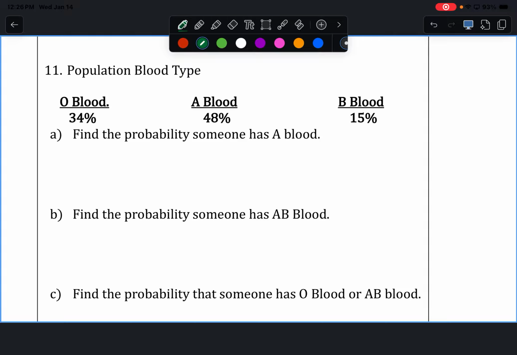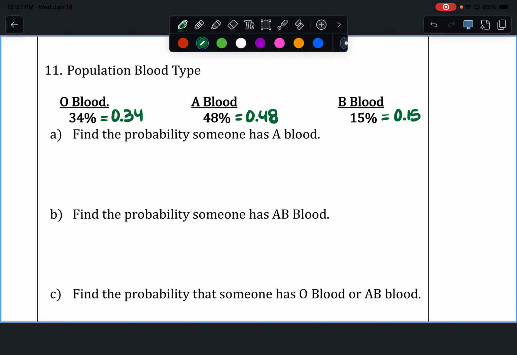Like 34% of the population has type O blood. 48 has type A blood. 15 has B blood. So what we're going to do first is I'm going to rewrite these as decimals. What is 34% as a decimal? 0.34. What is 48% as a decimal? What is 15% as a decimal?